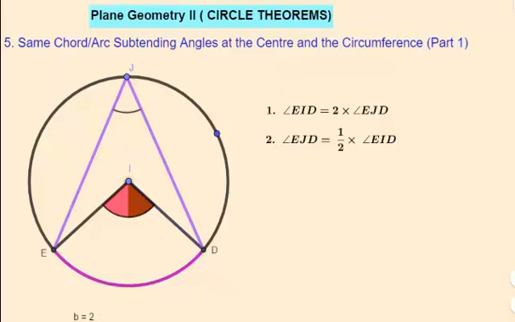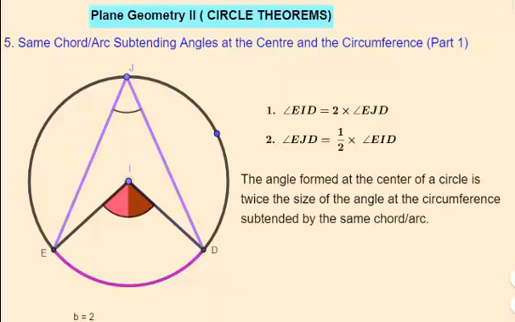So the property states that the angle formed at the center, in this case EID, is twice the size of the angle at the circumference, here EJD.